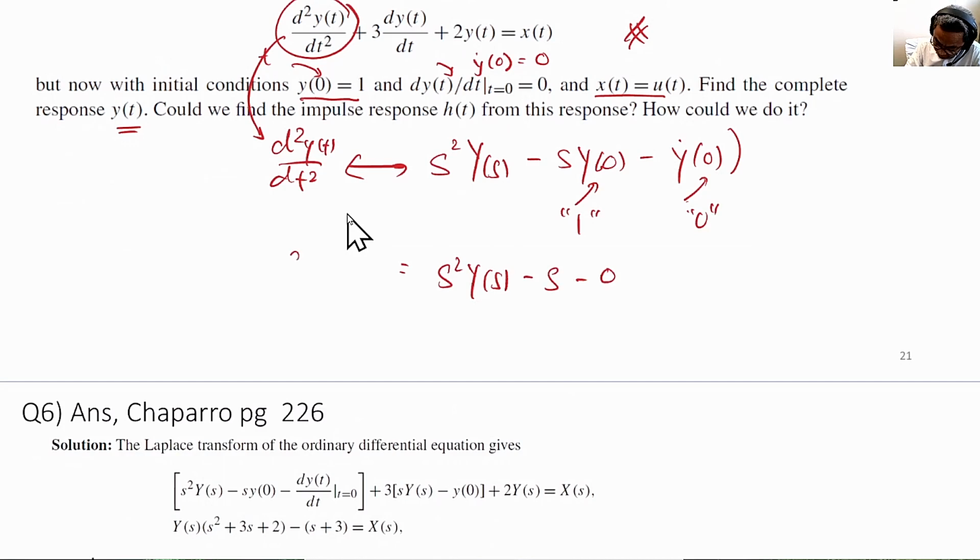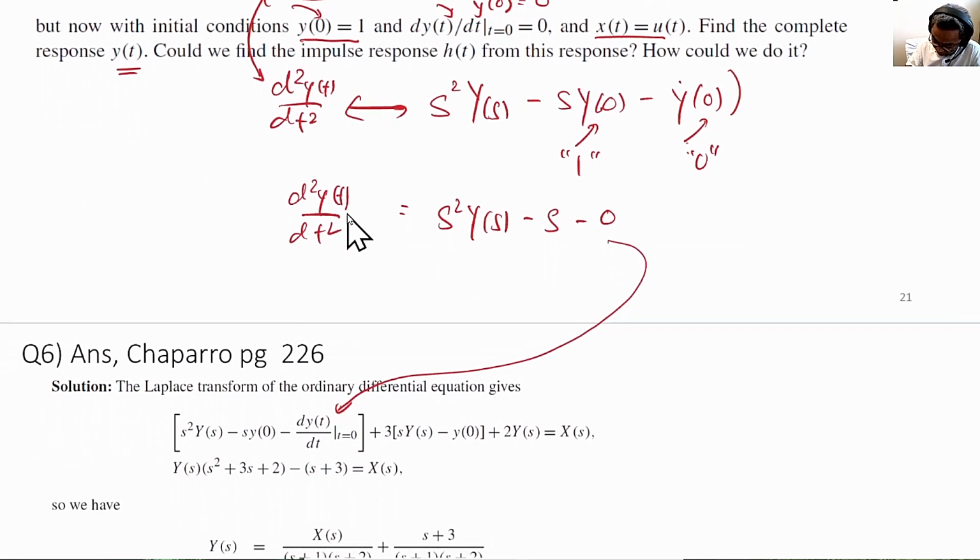So this is d2y/dt squared. We're not there yet, so let's still operate on this top expression over here that I have highlighted.